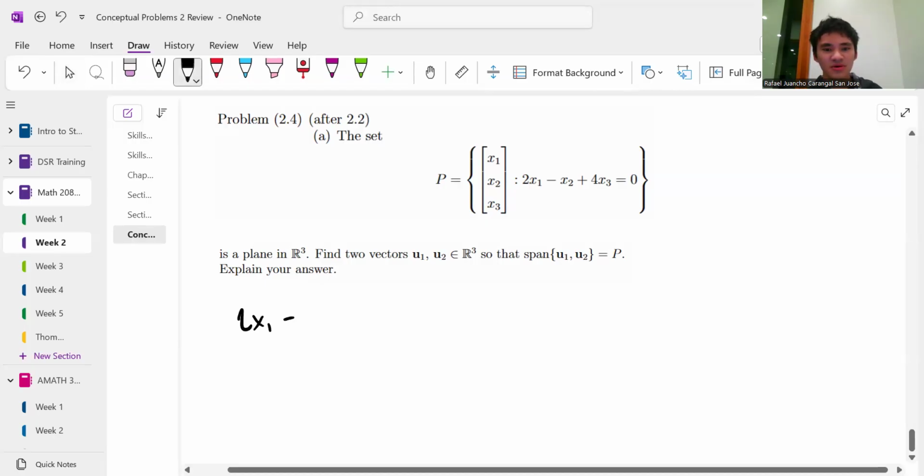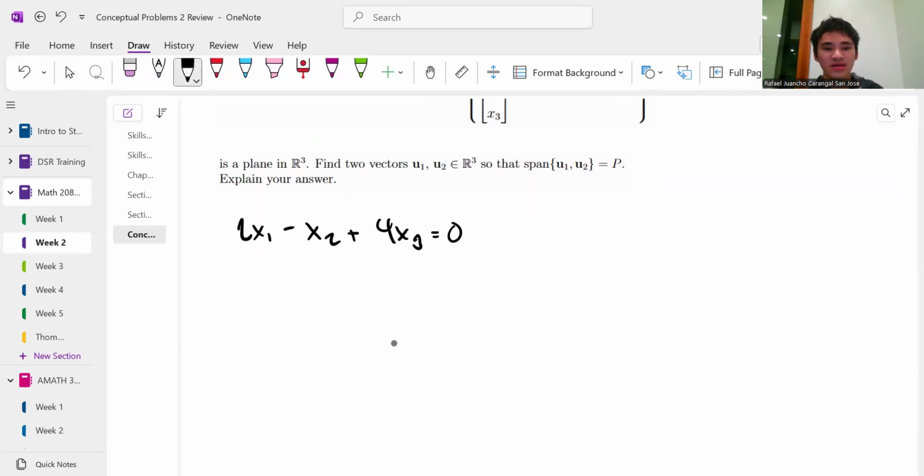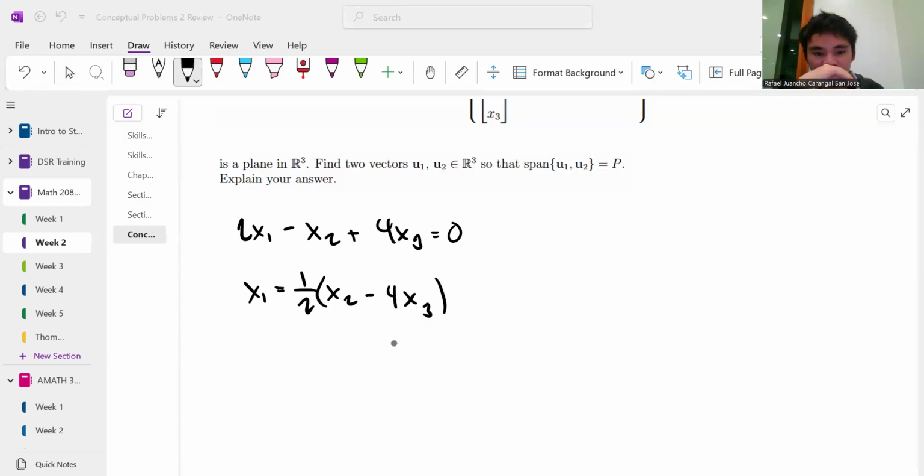From 2x sub 1 minus x sub 2 plus 4x sub 3, we can say this is x sub 1 equal to a half of x sub 2 minus 4x sub 3, right?